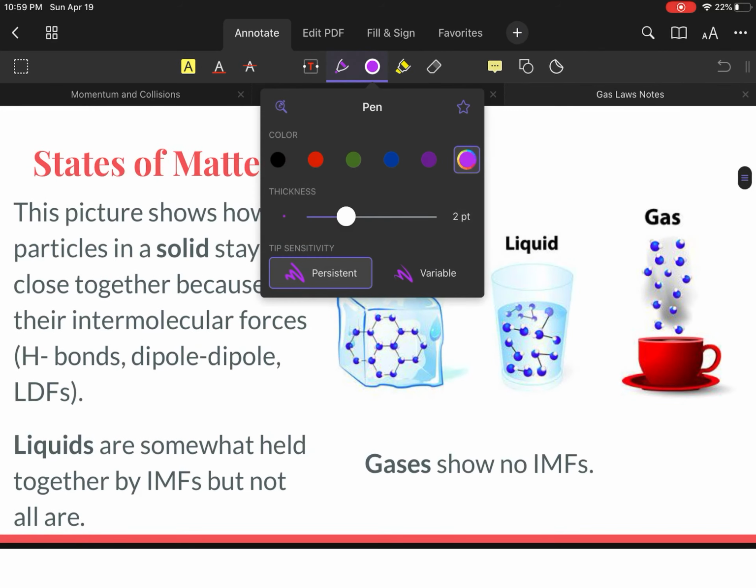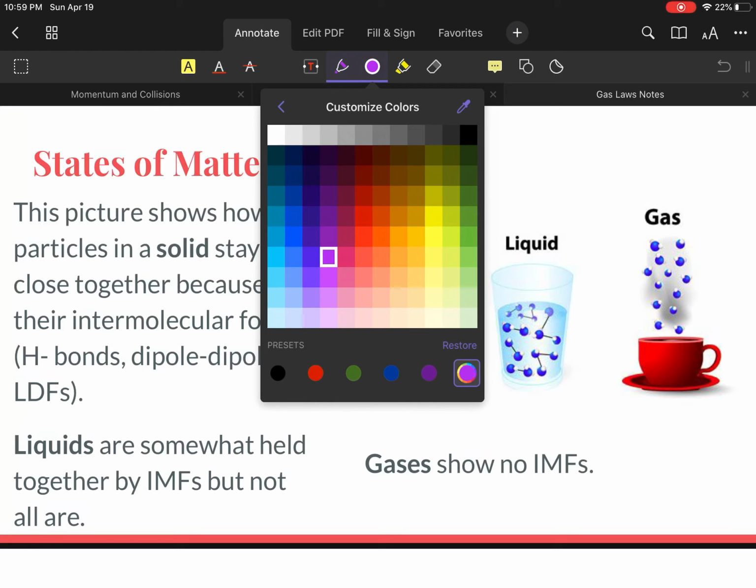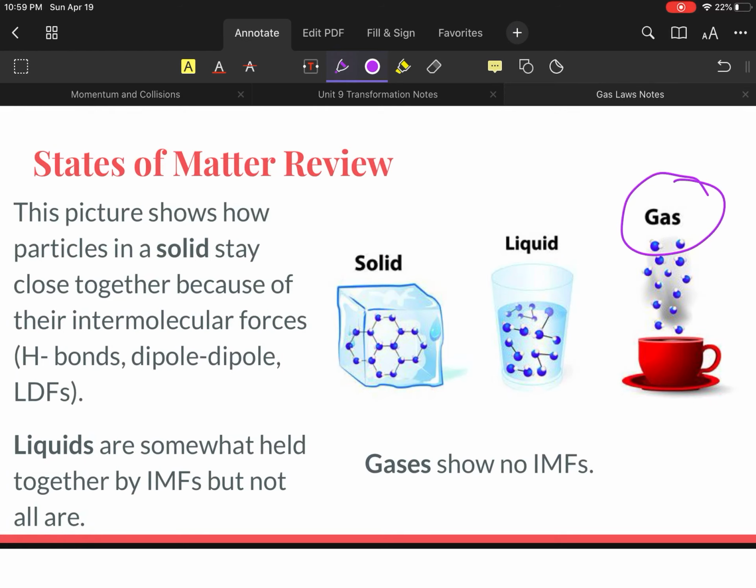So like I said, we're just really focusing on these gases. So that's what we want to make sure we understand. Remember, gases have high kinetic energy because they're moving around really fast, they're really spread out, but they have very weak or virtually no intermolecular forces.